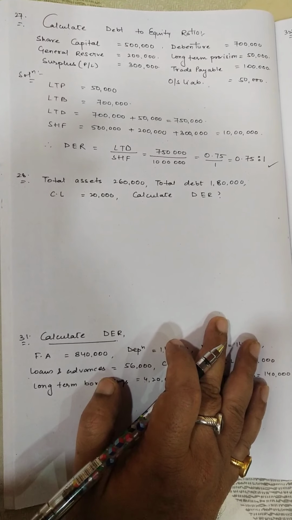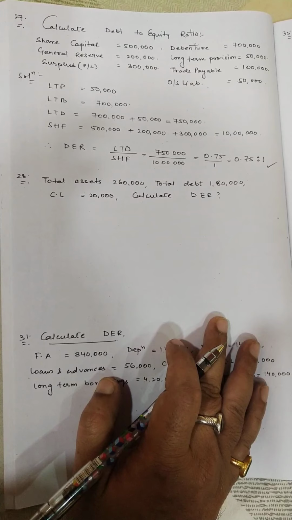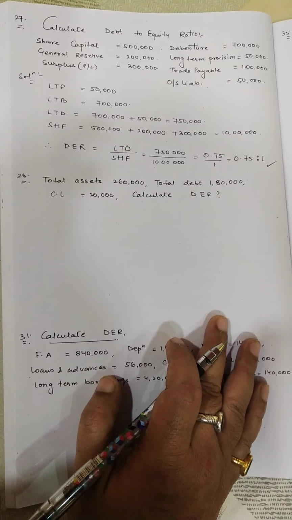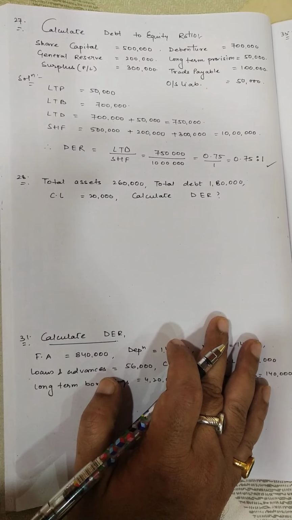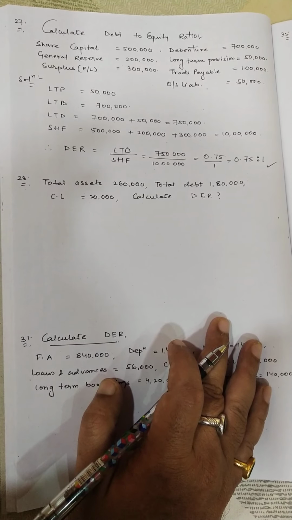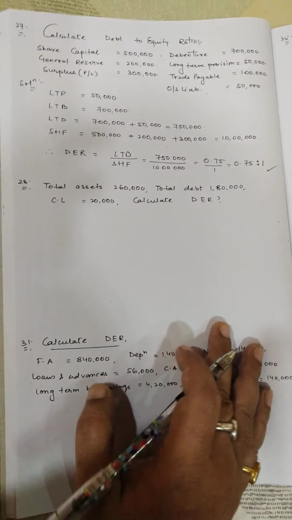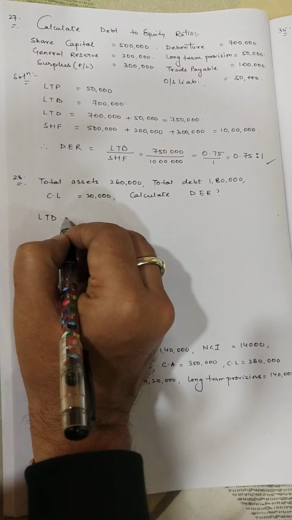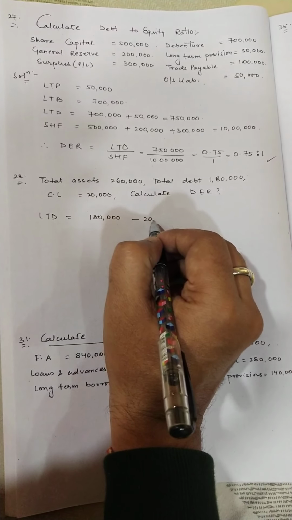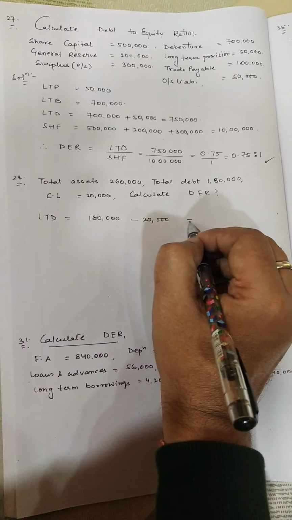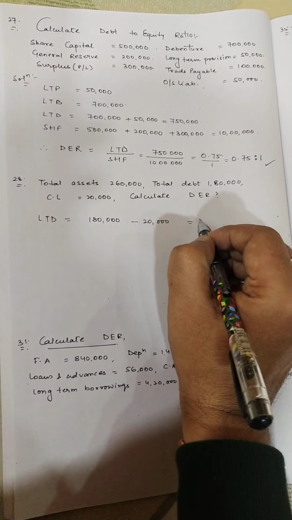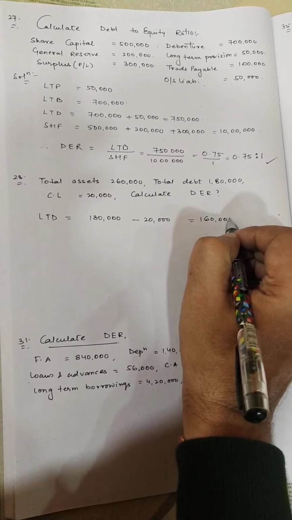Now, question number 28. Total assets is 2 lakh 60, total debt is 1 lakh 80, current liability 20, and calculate the debt equity ratio. For the debt equity ratio, we need long-term debt. So for long-term debt, we have to deduct current liabilities from total debt, because current liability is one type of short-term debt. So from total debt, if we deduct the short-term debt, we get long-term debt, that is 160.